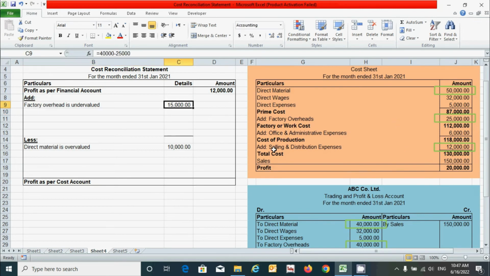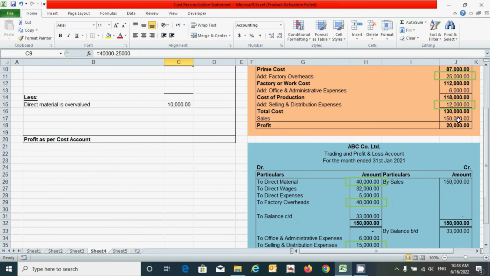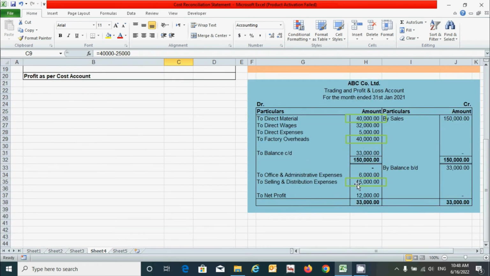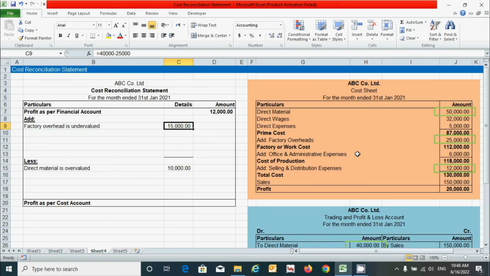Now we have the third unique transaction, which is selling and distribution expenses of 12,000, and here this value is showing 15,000. That is, this value is showing over value. That means this is a kind of profit for cost account, because we have to calculate based on this account.